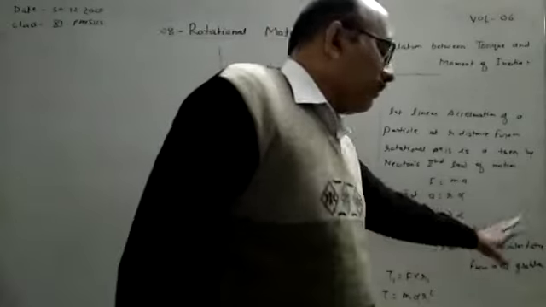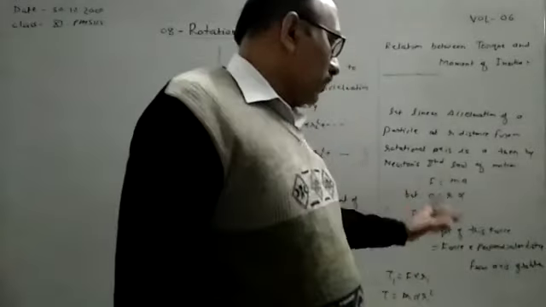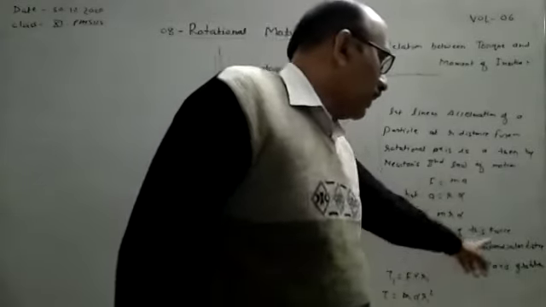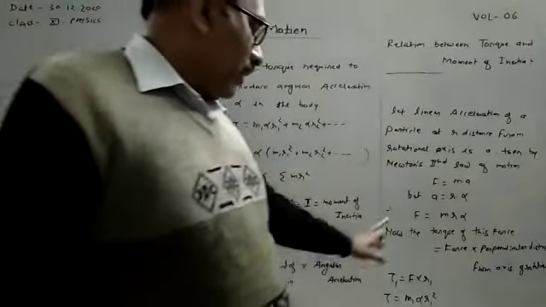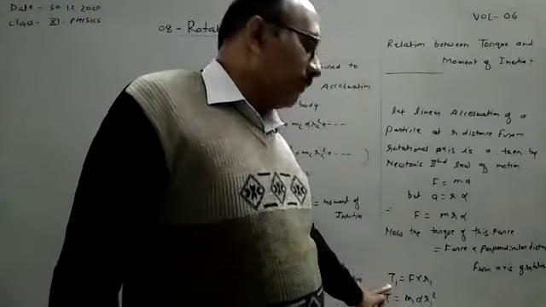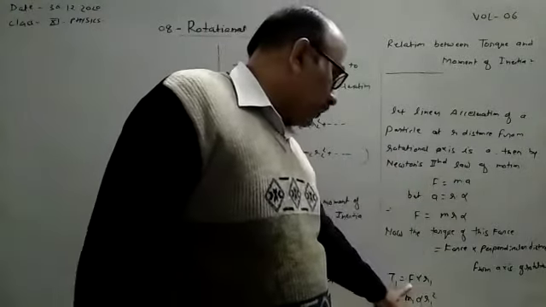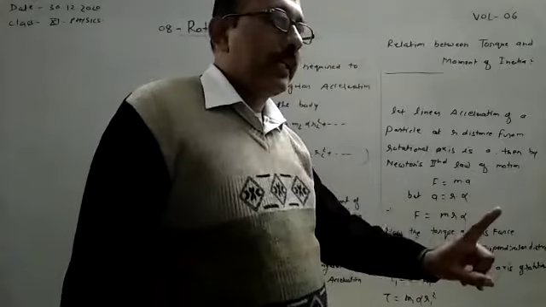Now the torque of this force. The definition of torque is force into perpendicular distance from the axis of rotation. Therefore torque tau 1 for the first particle is equal to f1 into the distance of the first particle, that is r1.